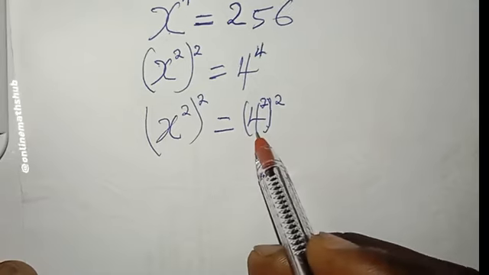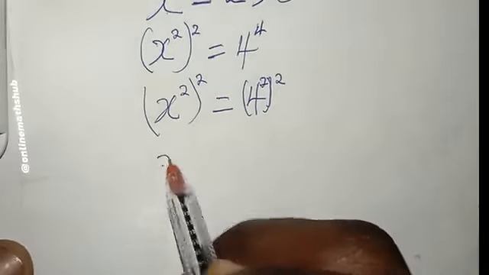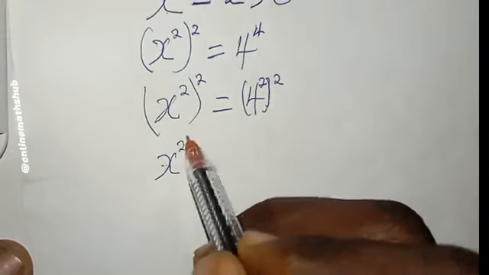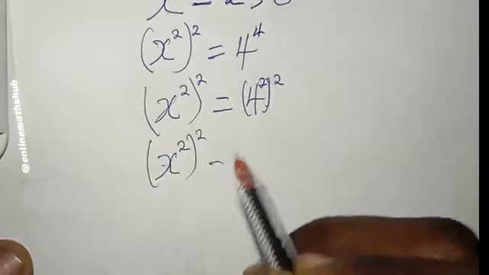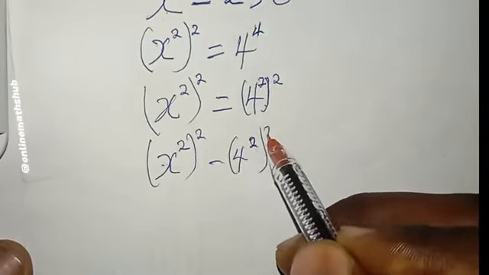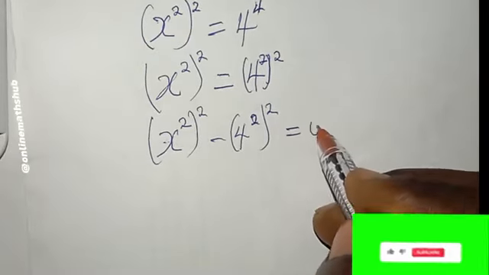Then let me bring this to the left hand side, so that what I'm going to have is x power 2, raised to power 2, minus 4 power 2, exponent 2, is equal to 0.